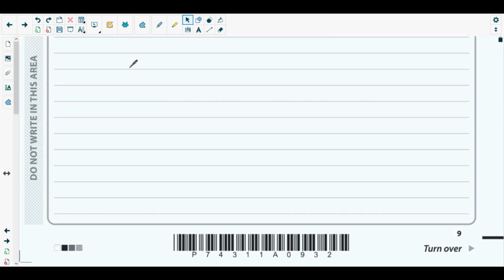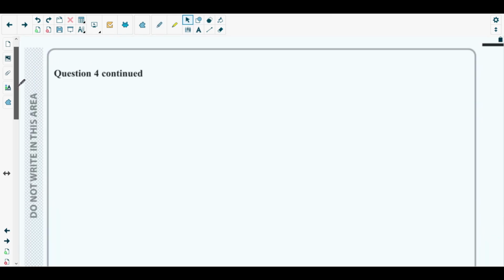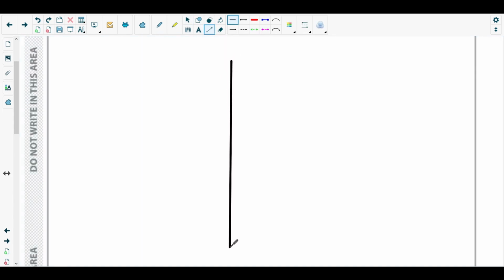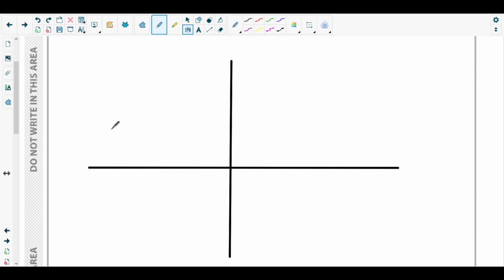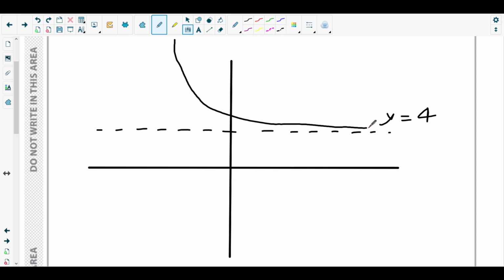The graph of a to the power x moves up by 4 units. Here is the axis, so the horizontal asymptote is at y equals 4. Let's sketch the asymptote, y equals 4, and a to the power x will be like this. This is y equals a to the power x plus 4.